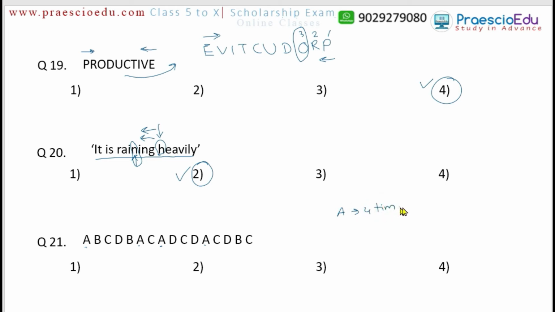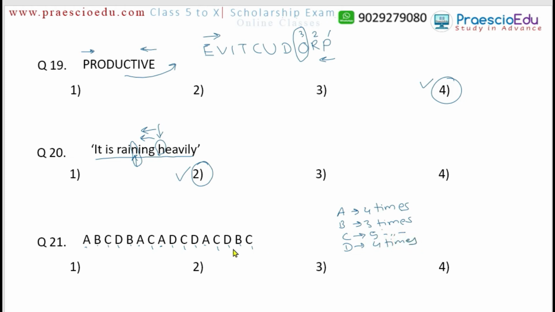Then B 1, 2, 3. So B is 3 times. Then C 1, 2, 3, 4, and 5. So C is 5 times. Then letter D 1, 2, 3, 4. So letter D is 4 times.